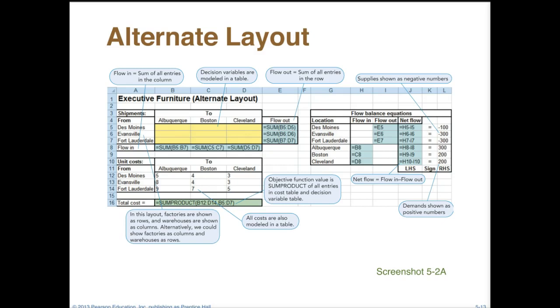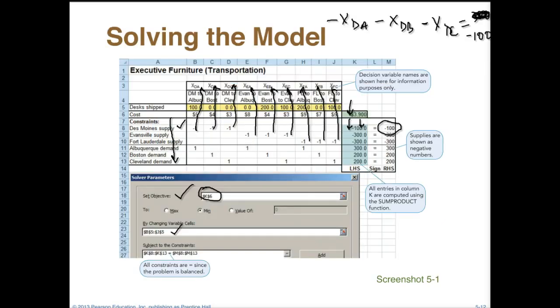And this is just another alternative way of tracking this or modeling this. You could sort of pick what you like, but at the end of the day, it still ends up being the same thing as what we've seen here.